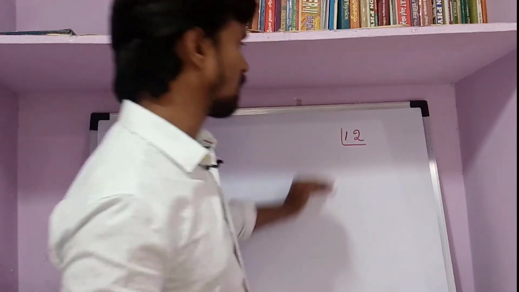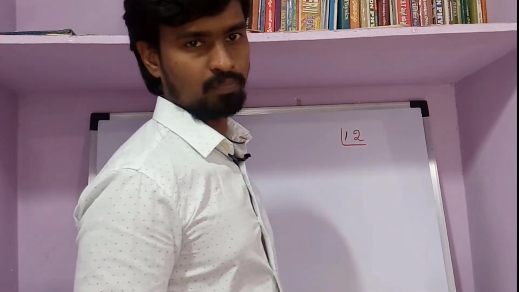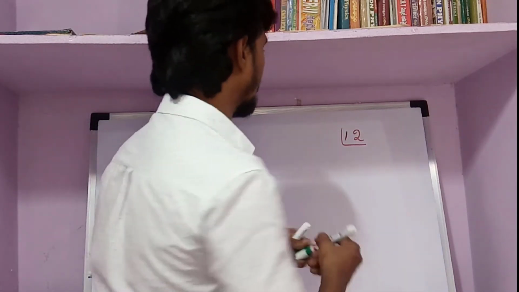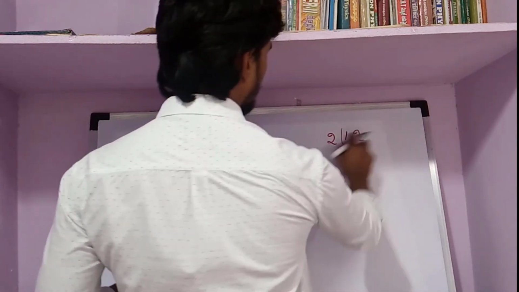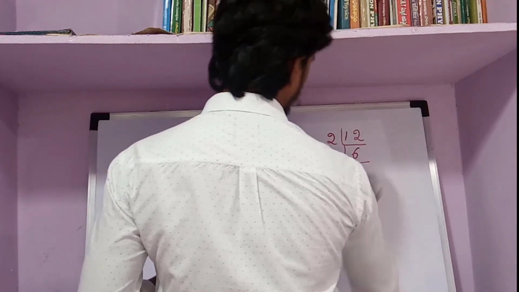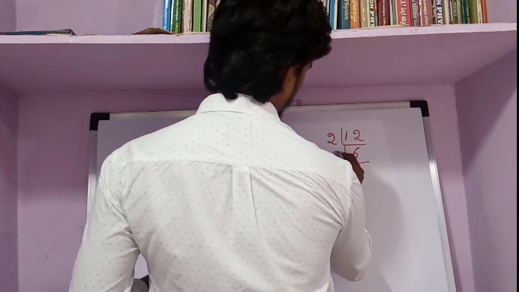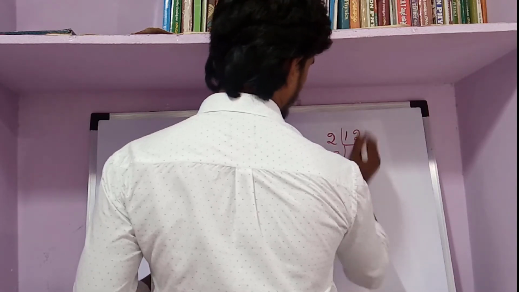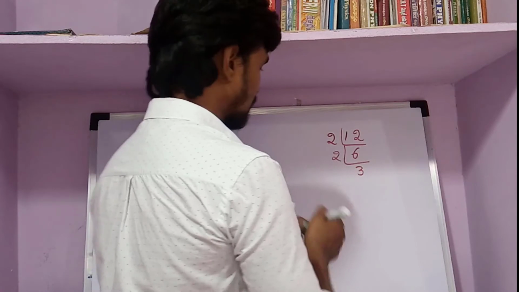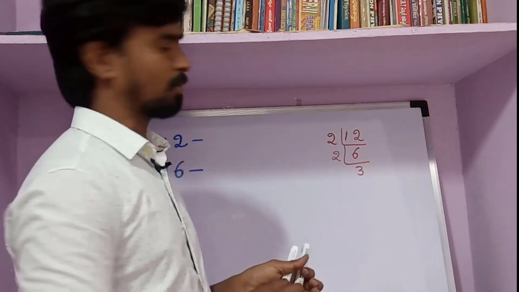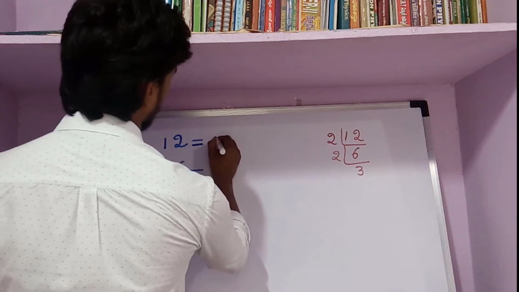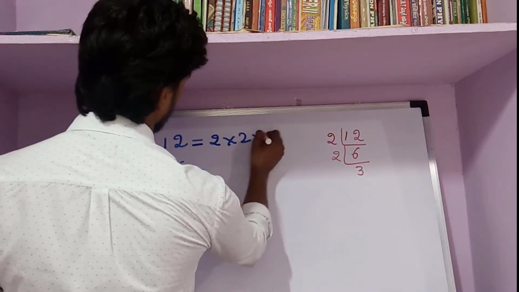We start with the lowest prime number, which is 2, right? So divide with the 2. 12 is divisible by 2. Then 6 here, 2 sixes are 12. And again 2 threes are 6. So we got the 3 here. 3 is a prime number. We have to continue this process till we get the prime number. Now this is equal to 2 into 2 into 3.